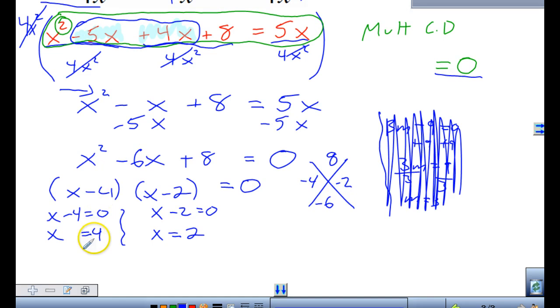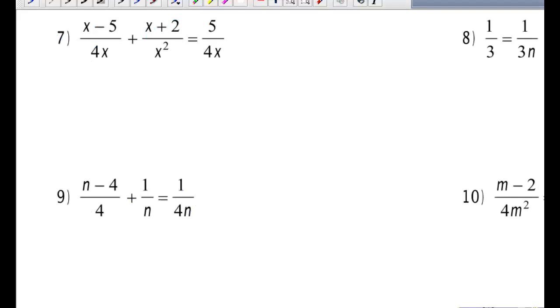Alright, so that's that. Going back to the answer sheet, we'll have 4 and 2. And since we have two answers, use the set notation.